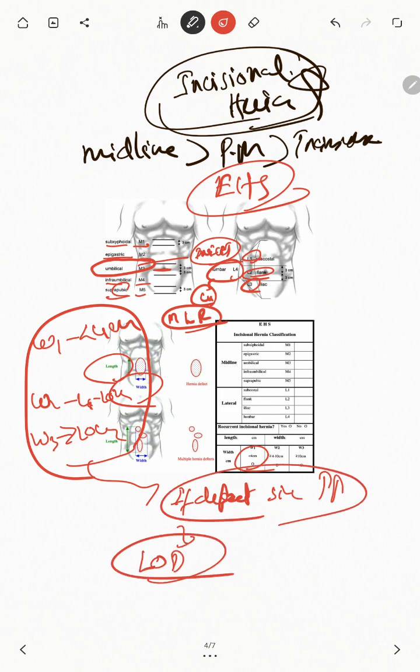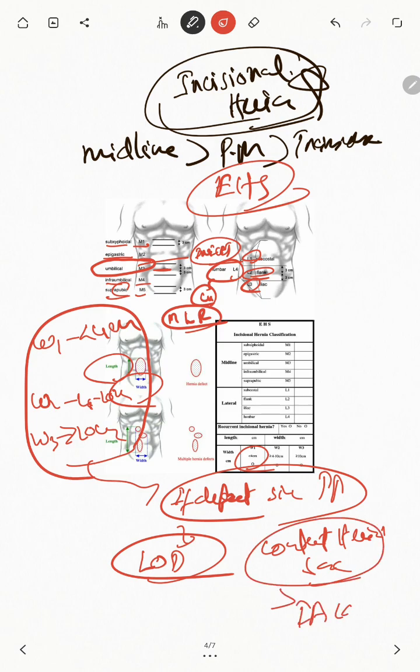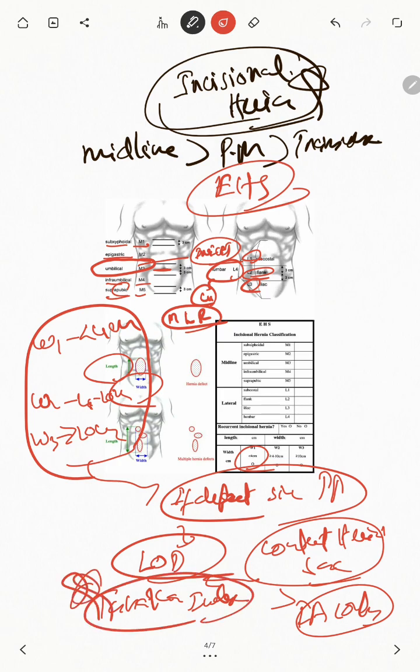Loss of domain means there is disproportion between the volume of the intra-abdominal contents and the volume in the hernial sac. When most of the contents are in the hernial sac, hernial sac contents greater than the intra-abdominal content, then it is a loss of domain. There we will calculate the Tanaka index. Just remember this name, Tanaka's index.